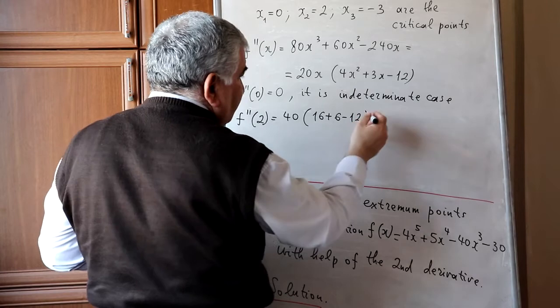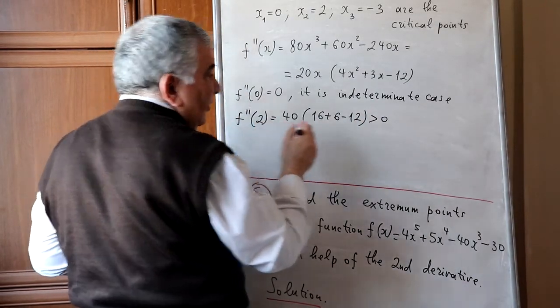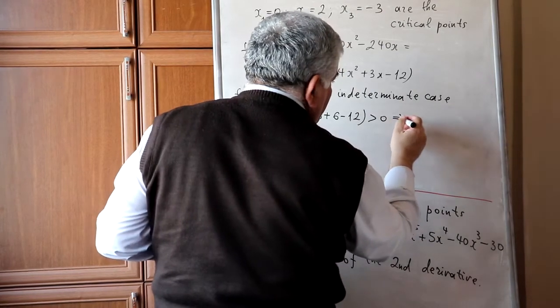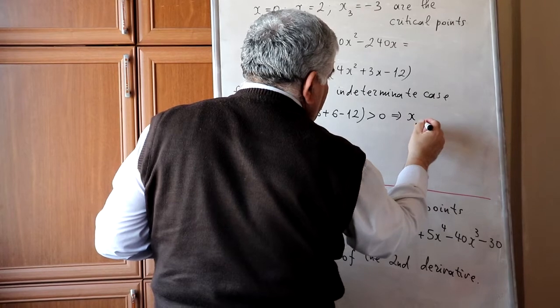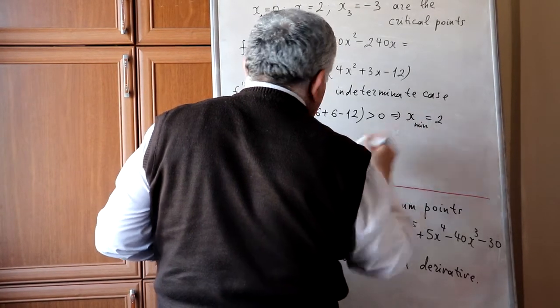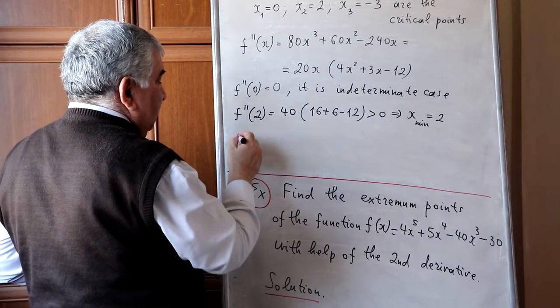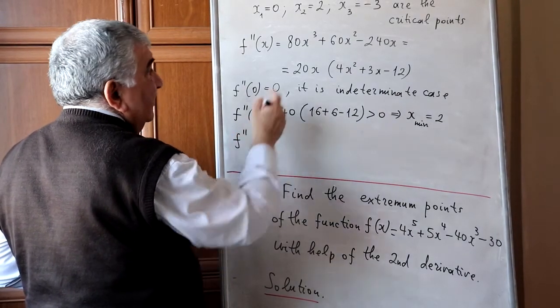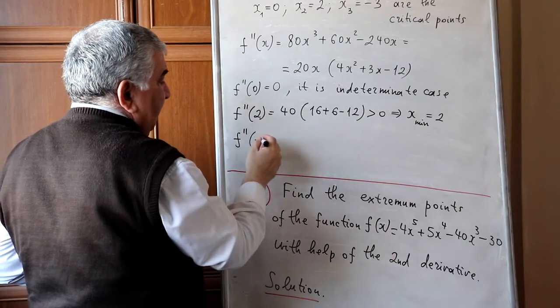It is positive. It means 2 is the minimum point. X sub min is 2. It is the minimum point.